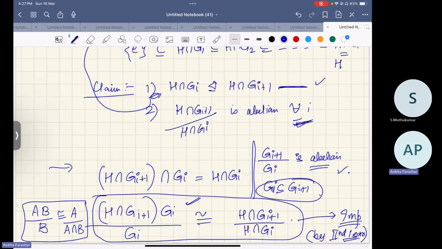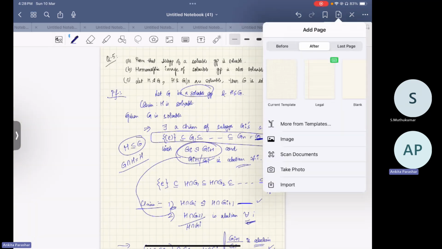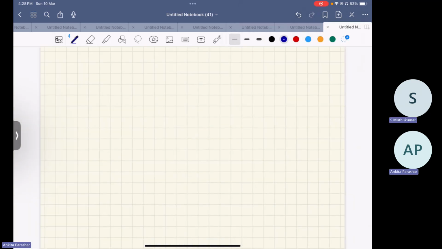All right. So now you know this fact. But you have to say something now about this left hand side. You have somehow reduced your computation of proving abelianness to here. So let's look at this subgroup more carefully, because this has to give some answer. The subgroup is (H intersection G_{i+1}) times G_i by G_i.